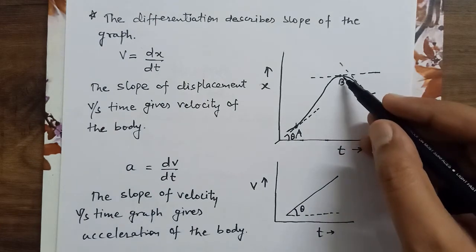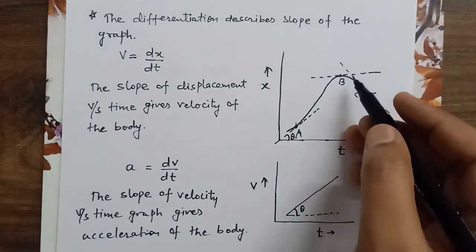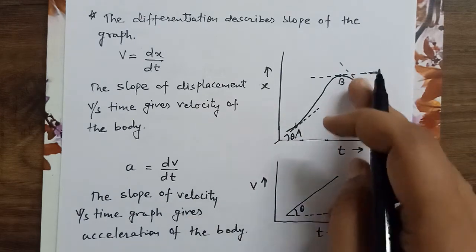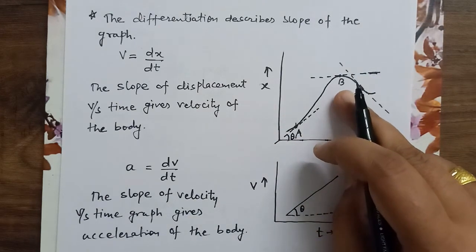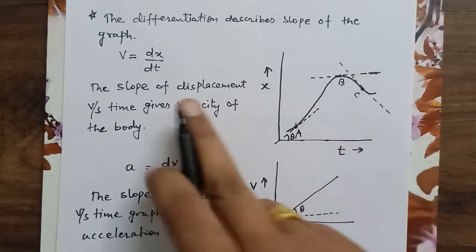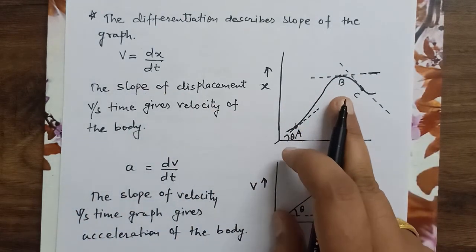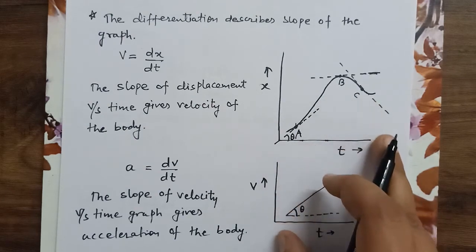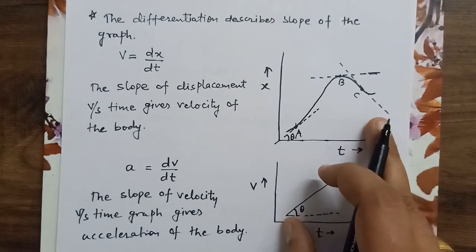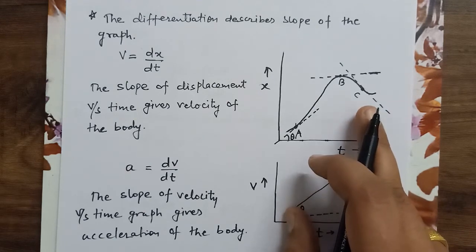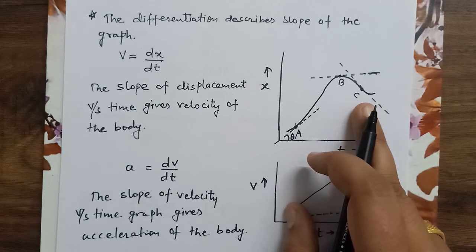At point B, the line is almost horizontal, parallel to the time axis. It means at point B the slope is 0, so velocity will be 0. At point C, the slope is greater than 90 degrees, or we call it a negative slope, so the velocity at point C will be negative.